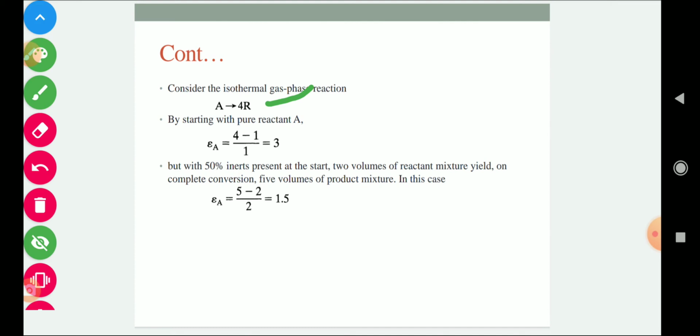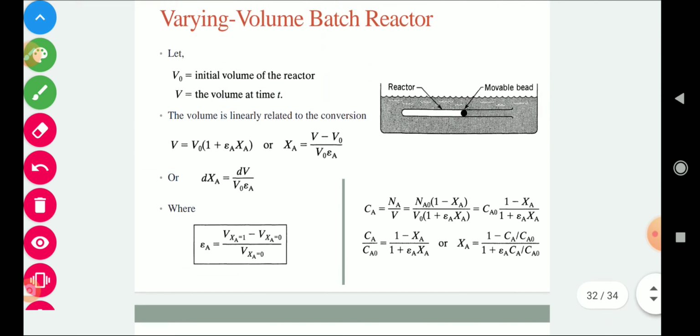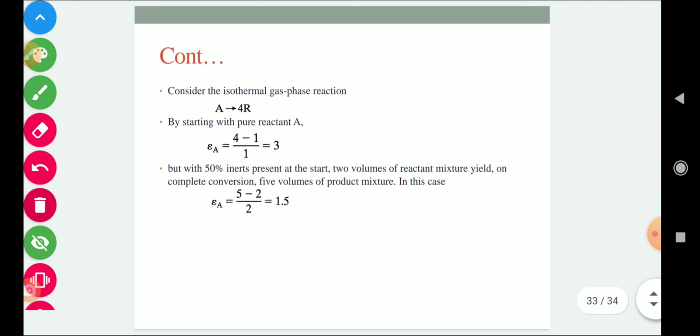So the number of product moles is 4, so 4 minus the number of reactant moles, which is 1, upon 1. So this epsilon equals 3.